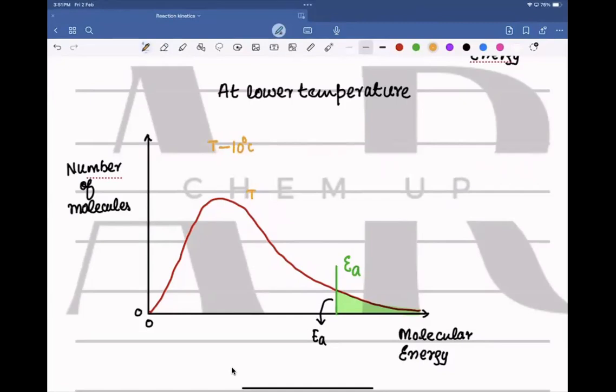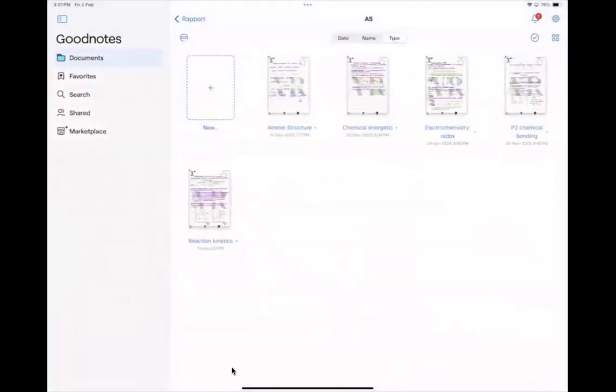So if it's 10 degrees lesser, then it means the rate would be halved. And if the rate would be halved, then this proportion of the molecules actually gets halved, right? Sorry.